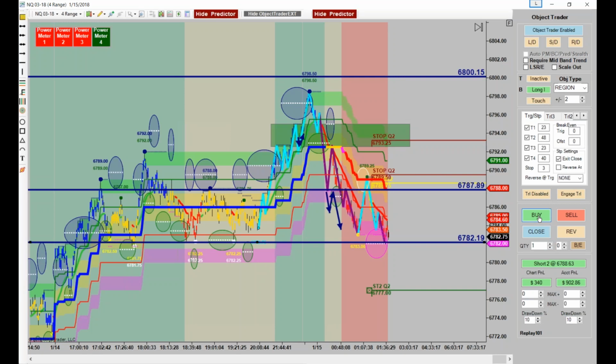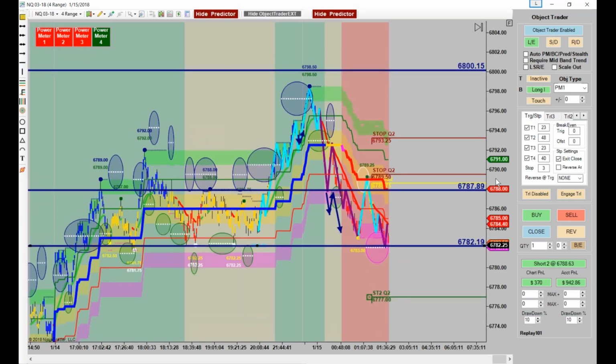Only if they go above it. By the way, you can turn on lightning too, like that. And that will actually look for, if it happens to take out this wicked candle right here, that means that we're starting to stair step back up, and we'll probably retrace. Not yet though.